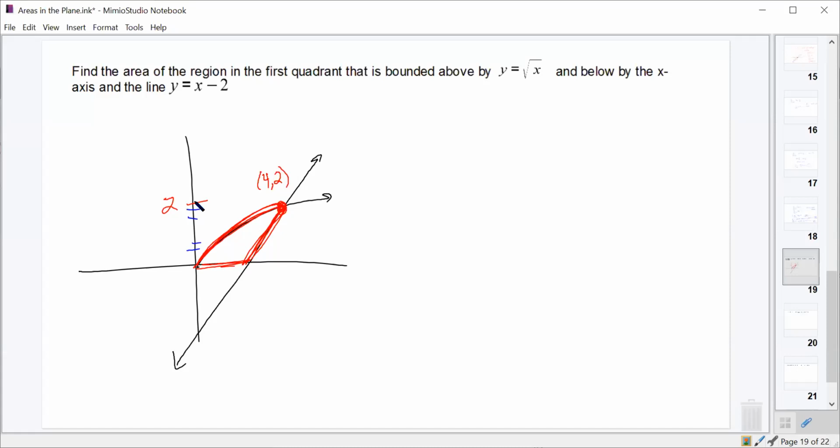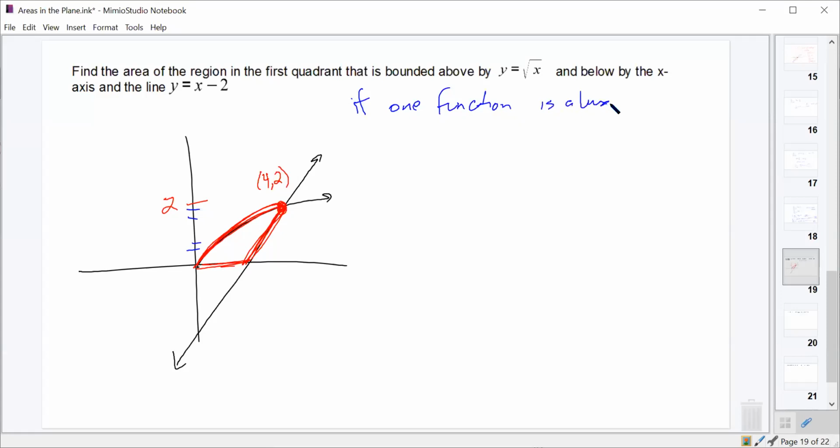And all the way up there, right before I get to 2, it should still be x minus 2. Would you all agree? Yes.